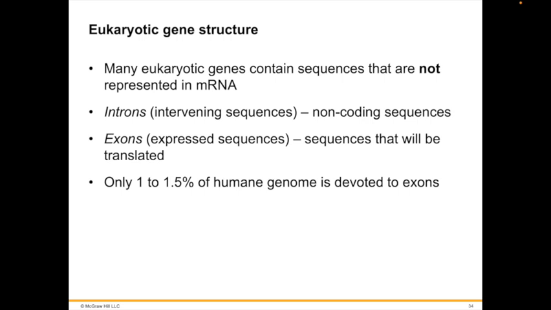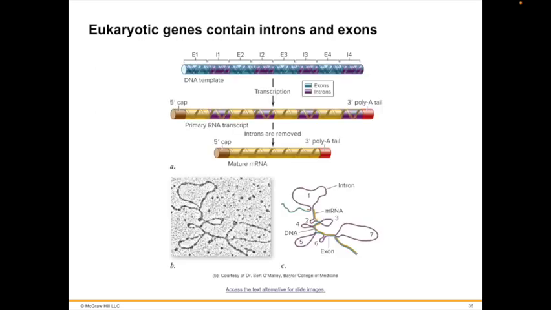24% is devoted to the non-coding introns within which these exons are embedded, which is kind of shown to you all here. You have your DNA template, you have your primary RNA transcript, and then you have your mature or secondary mRNA as it was once described.